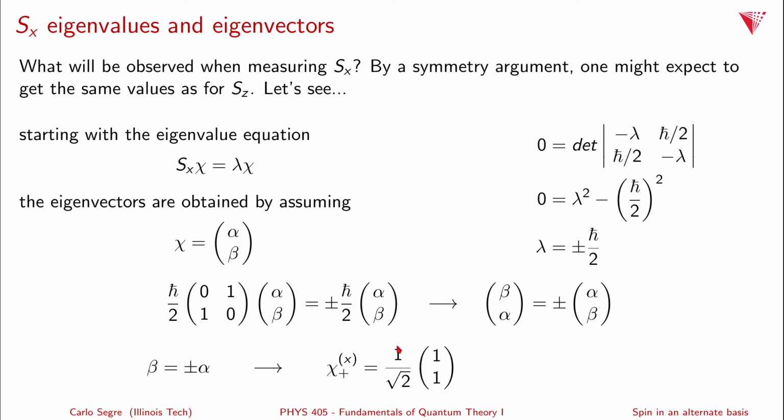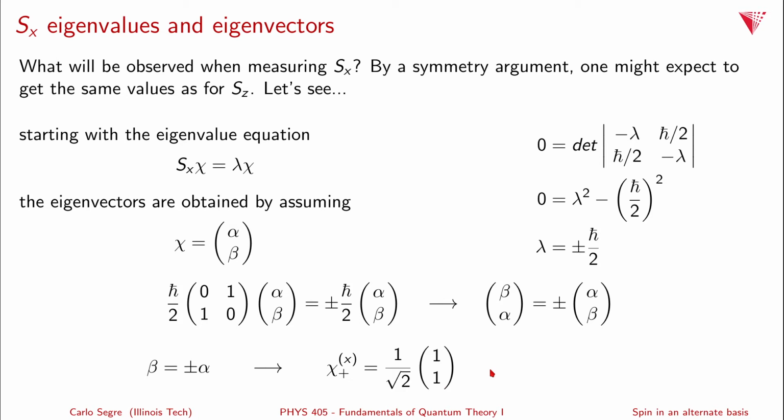That means that for the spin up state for S sub x, we are going to label it as chi plus in the x basis, with the x up here, which means we have the positive sign here. So we have 1 over the square root of 2 for normalization times 1, 1.